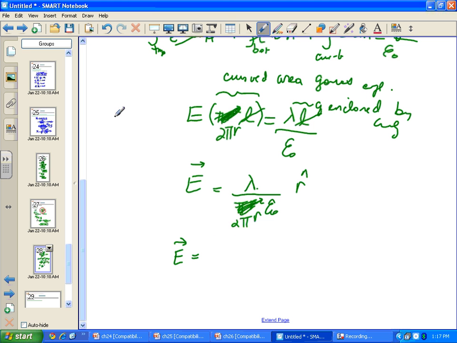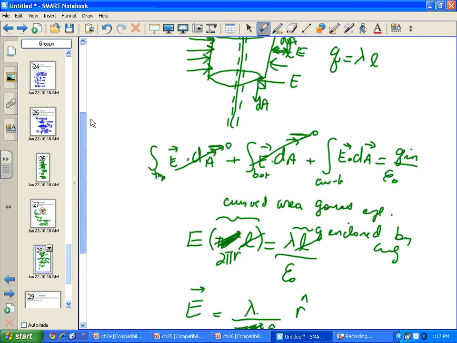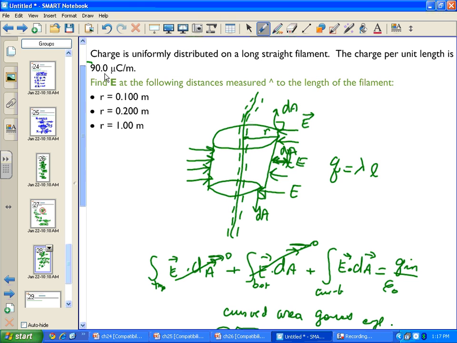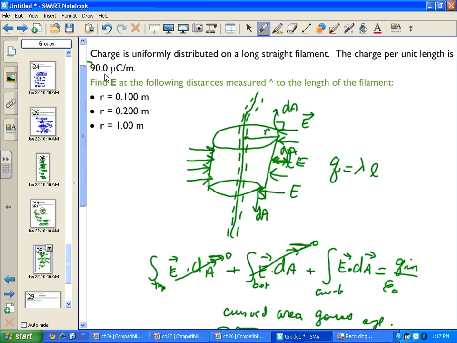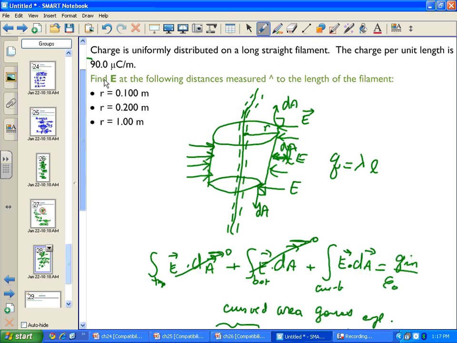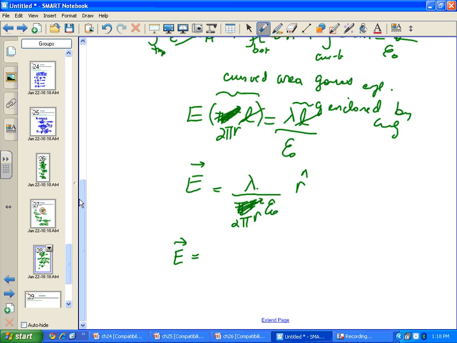And let's see. They wanted us to get the electric field at 0.1, 0.2, and 1. Well, we'll go ahead and just do 0.1 because the other is just a matter of, we'll see that the electric field drops off as 1 over r. So let's go ahead and find the electric field at the position 0.1.